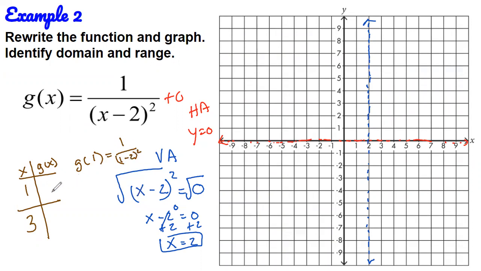Positive 1. 1 over 1 is positive 1. All right, let's go ahead and do g of 3. 1 over 3 minus 2 squared. 3 minus 2 is 1. 1 squared is 1. 1 over 1 is beautiful 1. So we have 1, 1, and 3, 1. All right, not too bad, huh? Not too bad. Ready to step it up?